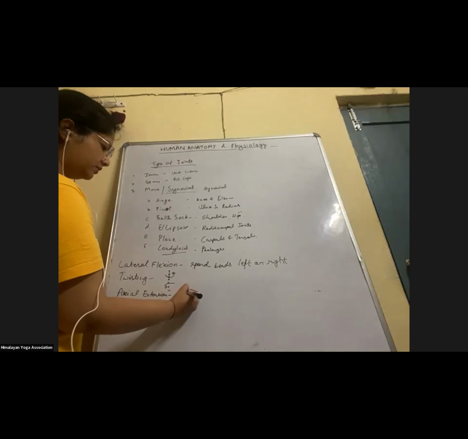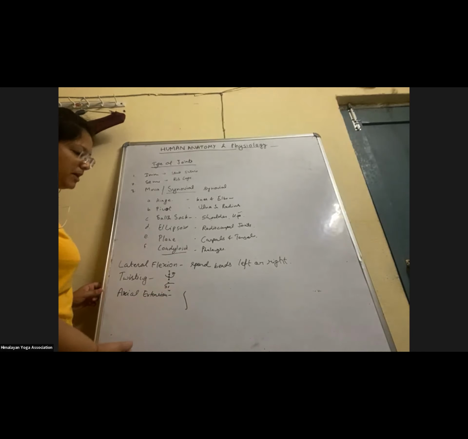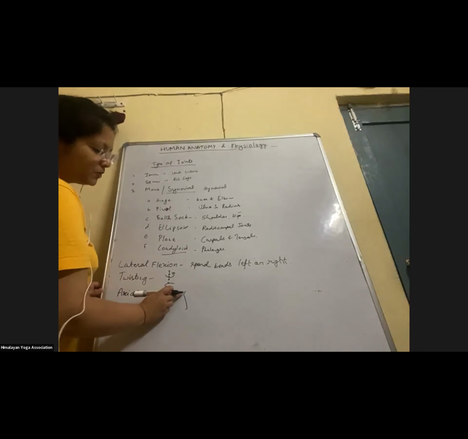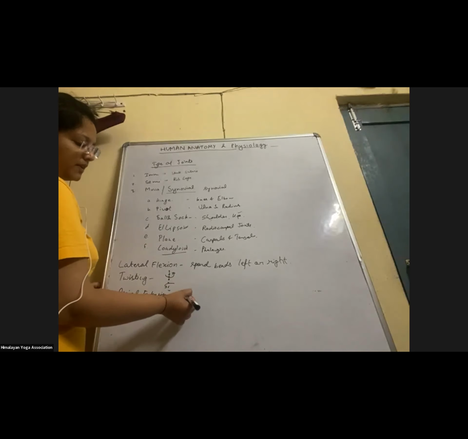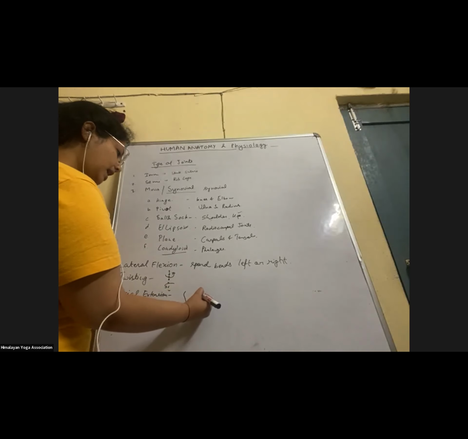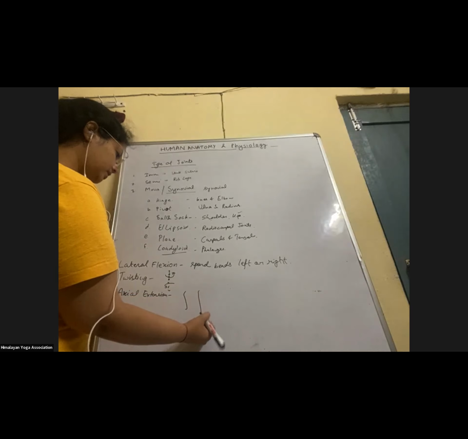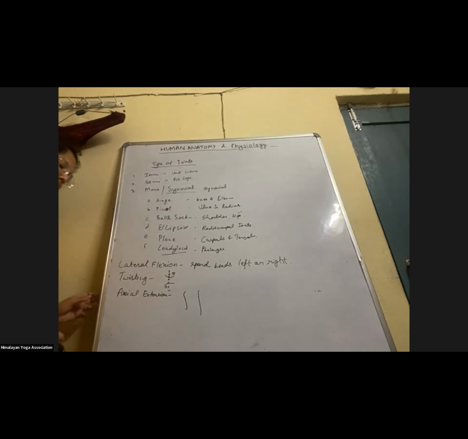This is the lateral view of the spine. What we are doing is reducing these curves of the cervical, thoracic, and lumbar regions and trying to elongate the spine, like in Tadasana. That is the axial extension. Okay, I think this is very clear.